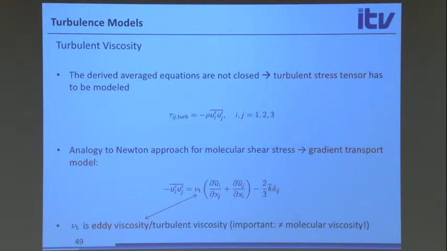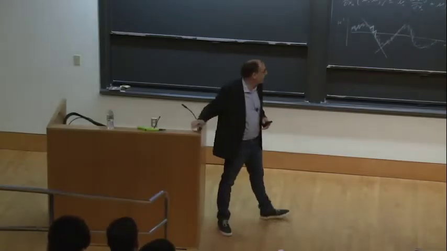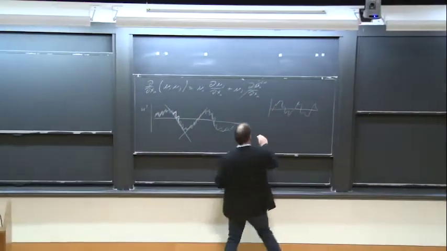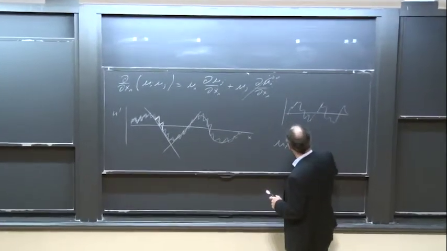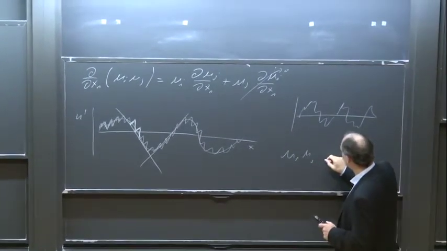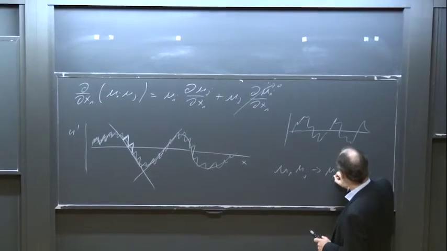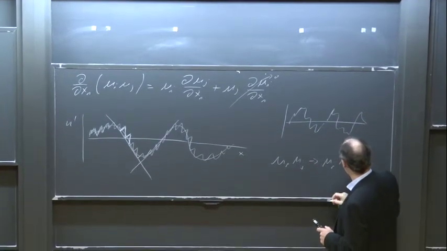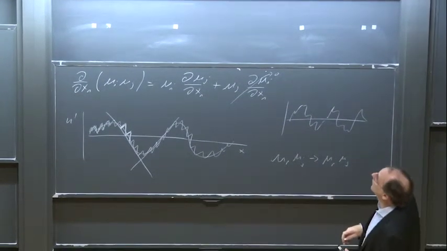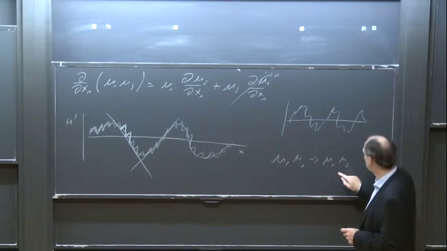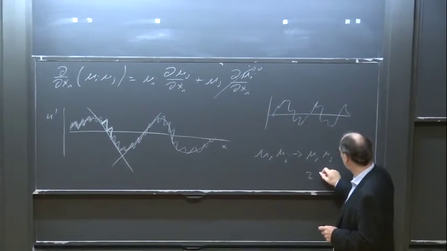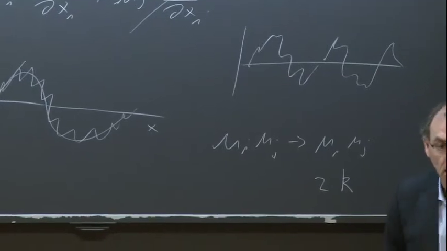And then on the left-hand side you have ui uj. If you contract this tensor, if you set i equal to j, then you have ui ui, which is equal to twice the kinetic energy, right?